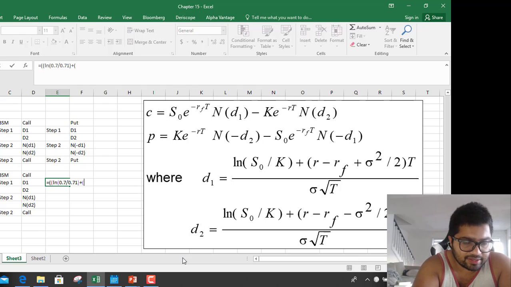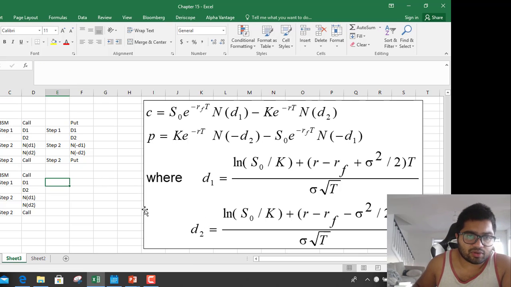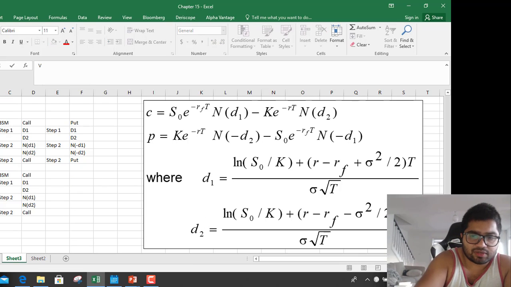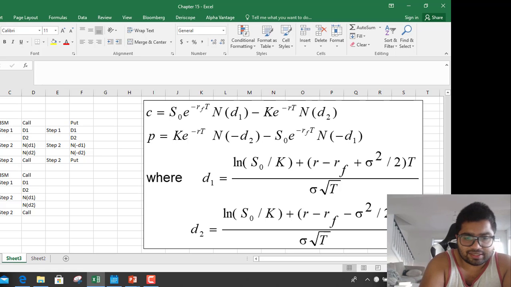The risk free rate R is 3% minus RF 4%. So R minus RF plus sigma square. Let's say volatility is, I forgot the volatility. Volatility of currencies is generally lower. So volatility is 6%. So now let's do it again.